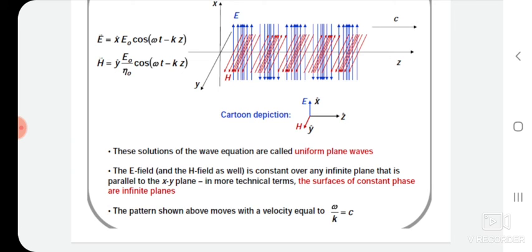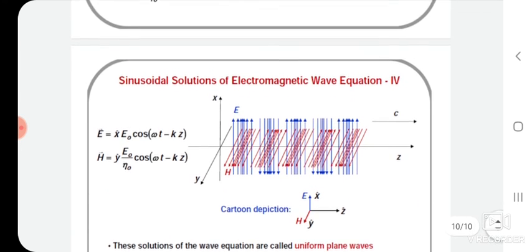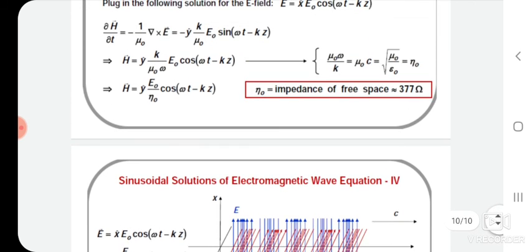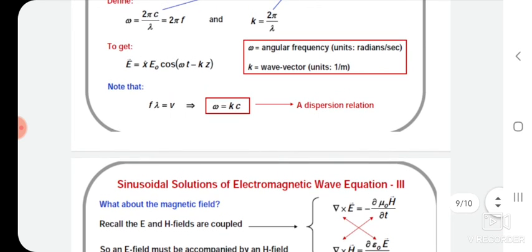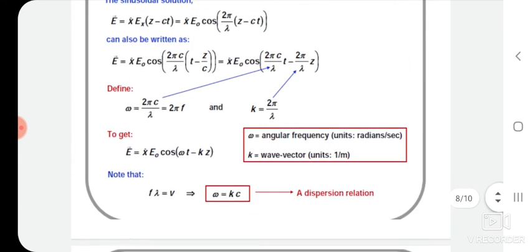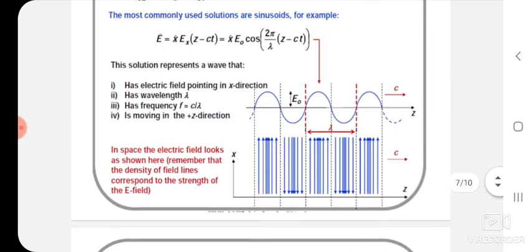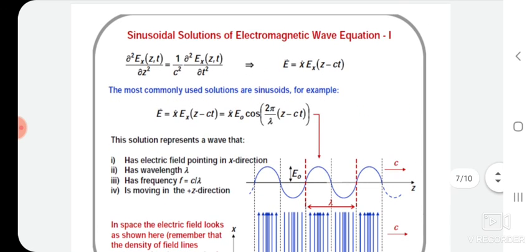In more technical terms, the surfaces of constant phase are infinite planes. The pattern moves with a velocity equal to omega by k, or c. These are the sinusoidal solutions for the electromagnetic wave, for the electric field as well as the magnetic field.